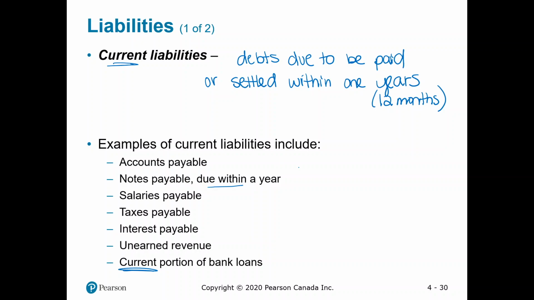So most of our liabilities are something that we're eventually going to pay in cash. So all of these payables and the current portion of the bank loan payable, so this one as well, those are all going to be paid in cash.